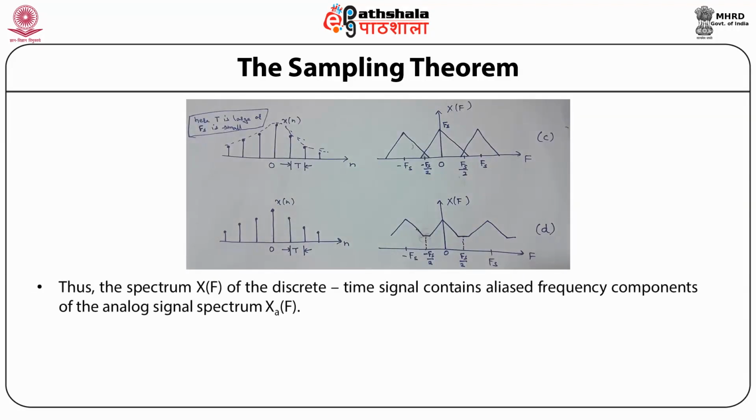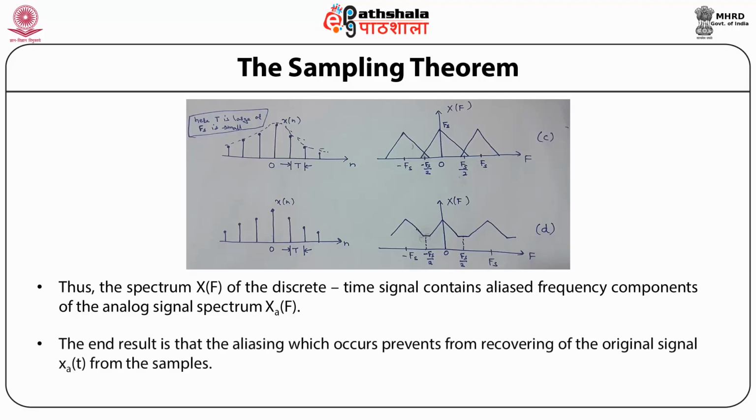Thus, the spectrum x(f) of the discrete time signal contains the aliased frequency components of the analog signal spectrum xa(F). The end result is that the aliasing prevents recovery of the original signal xa(t) from the samples.